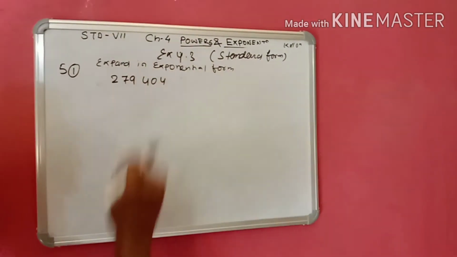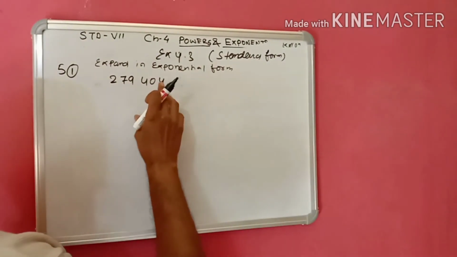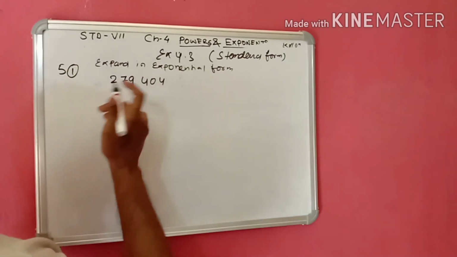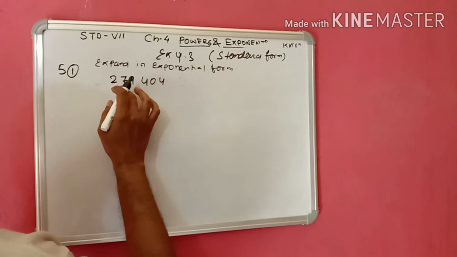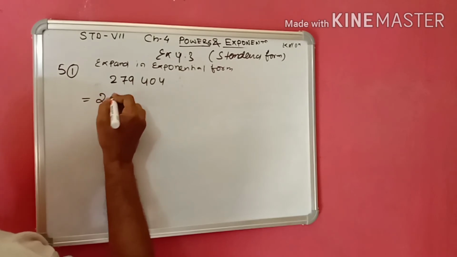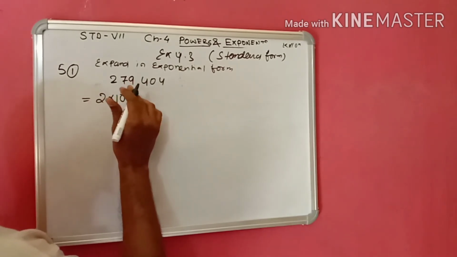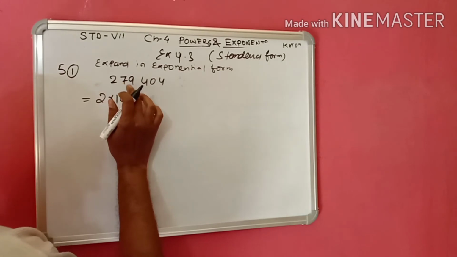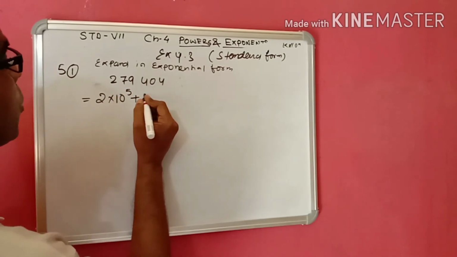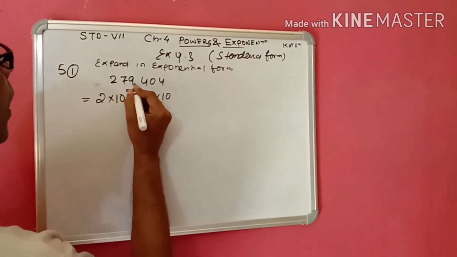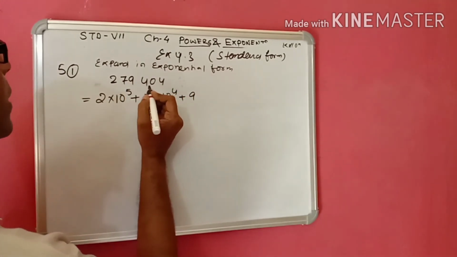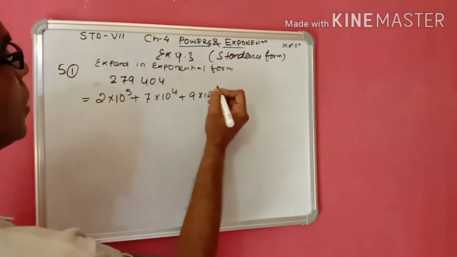Now expanding in exponential form, the given number is 404,972, meaning ones, tens, hundreds, thousands, ten thousands, lakh. To find the exponential form, 2 into 10. After 2, how many digits are there? 1 2 3 4 5. So 10 to the power 5. Then plus 7 into 10 to the power 4, plus 9 into 10 to the power 3.